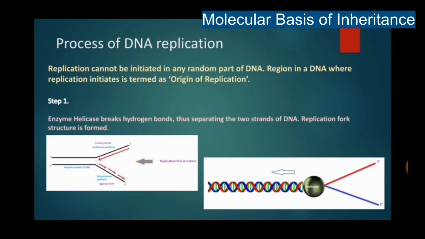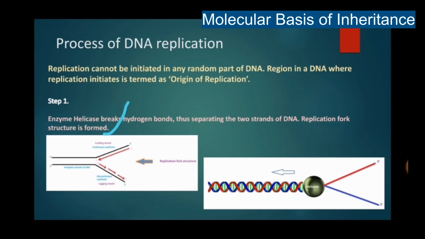In this picture, the two strands are anti-parallel to each other. Here you see the anti-parallel polarity which we have discussed. When the enzyme came, it divided the DNA into the replication fork structure. So let us see how the enzyme does this.